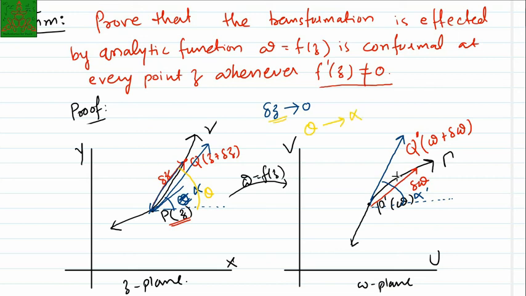And here for w, this is your theta dash, and theta dash will approach alpha dash, because if this point is moving towards this point, the image is also moving towards that side. Hence if delta z tends to 0, theta tends to alpha and theta dash tends to alpha dash.